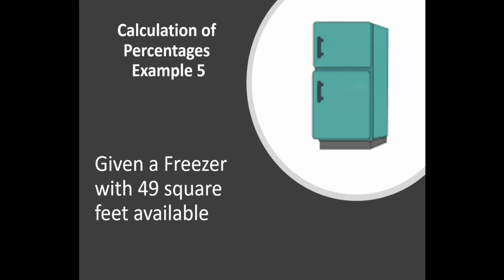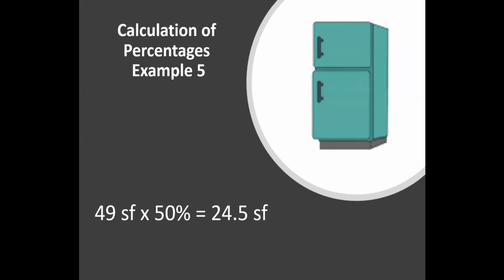In this example, we have a freezer with 49 square feet available. 50% is required to be below 54 inches. So again, we take the 49 square feet available and multiply it by 50% to find out how much space is required to be below 54 inches. In this example, we find we need 24.5 square feet.